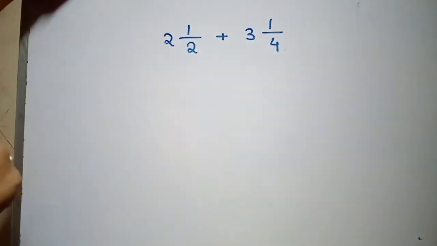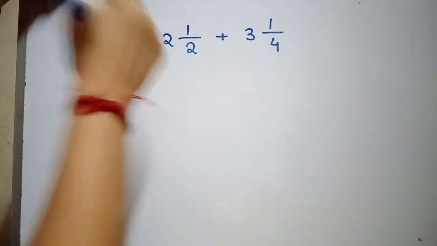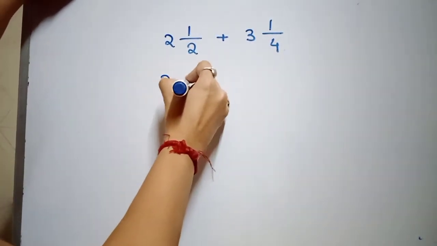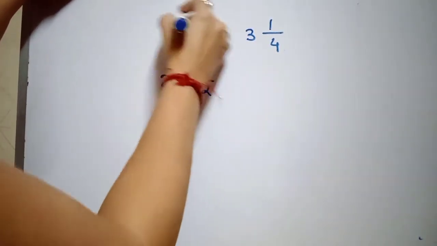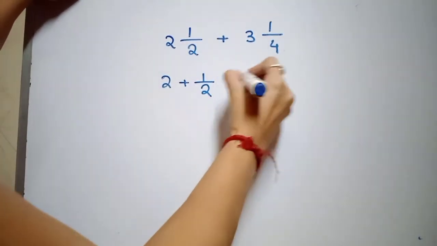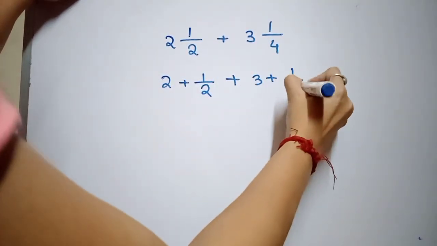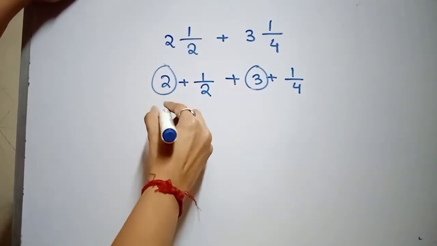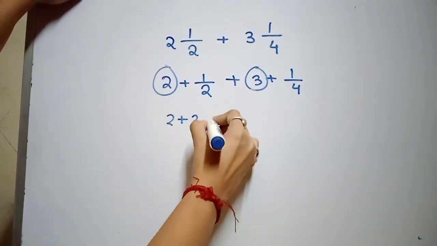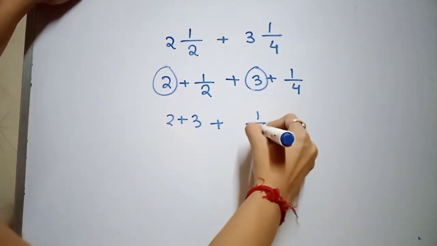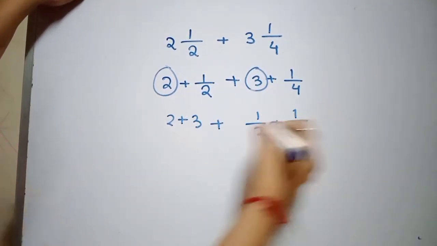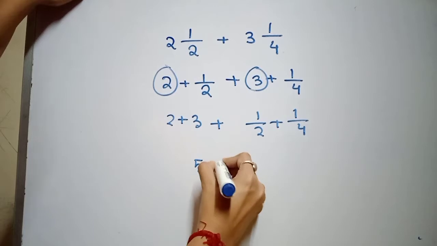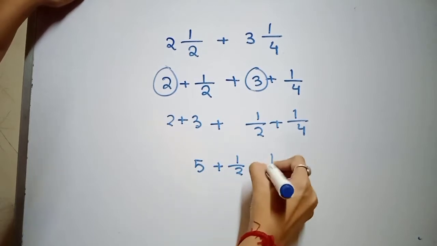Either I can convert them into improper fractions and then add, or I can write this fraction as 2 plus 1/2, and 3 plus 1/4. Next I will add the whole numbers 2 plus 3 separately, and the fractions will be added separately. So this will be 5 plus 1/2 plus 1/4.